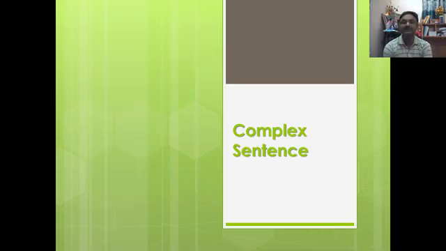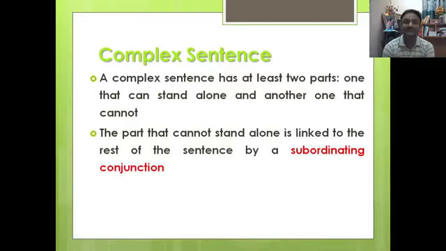Now look at the third and last section, the complex sentence. A complex sentence has at least two parts: one that can stand alone and another that cannot stand on its own. The part that cannot stand on its own is linked to the rest of the sentence by a subordinating conjunction.